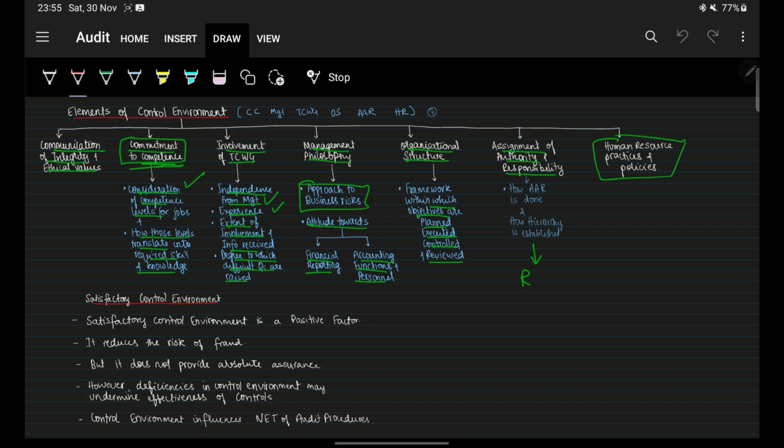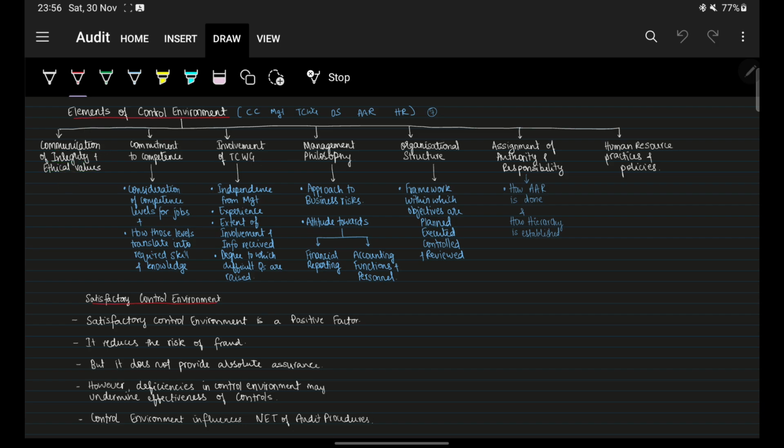What kind of incentives are they giving, are they encouraging bad behavior, and are there practices to ensure that a complaint or report is submitted to a higher person? These are the kinds of things that we'll have to see. We just try to memorize these points, one by one.